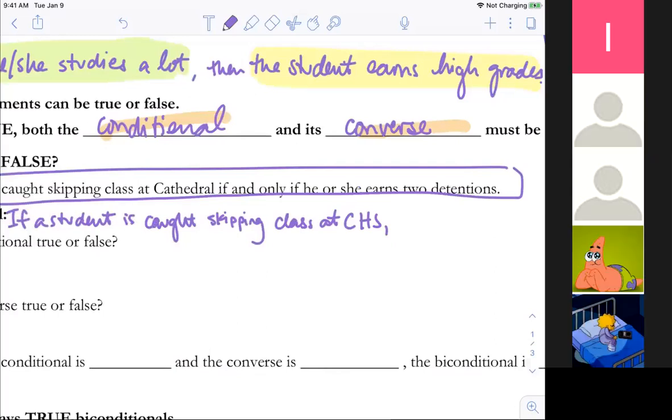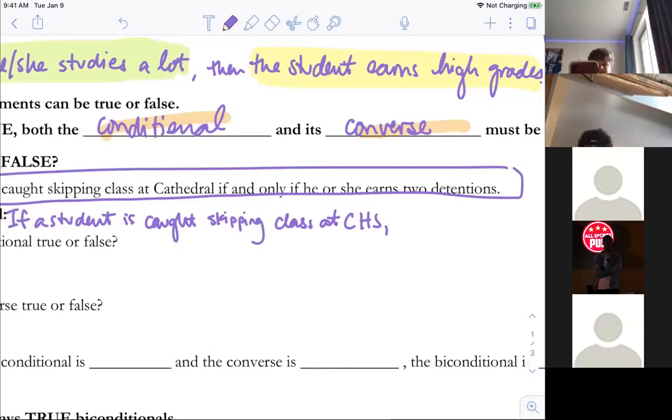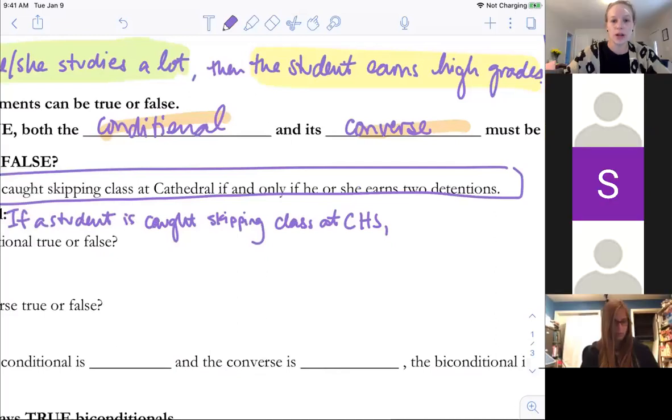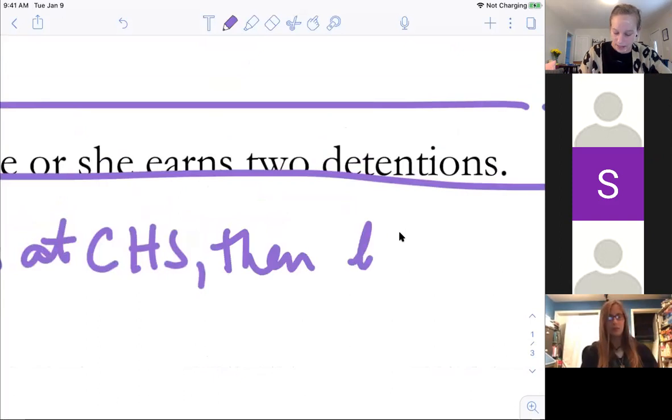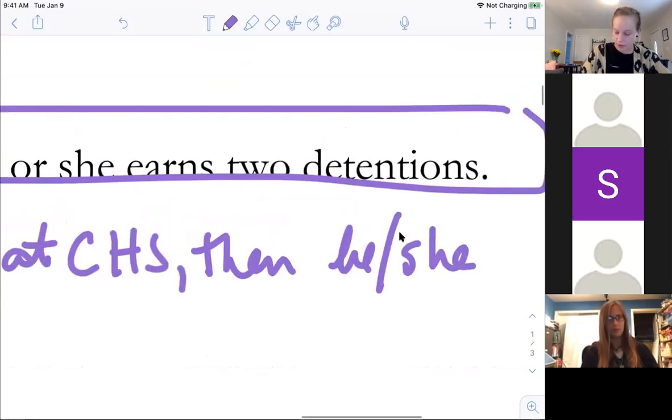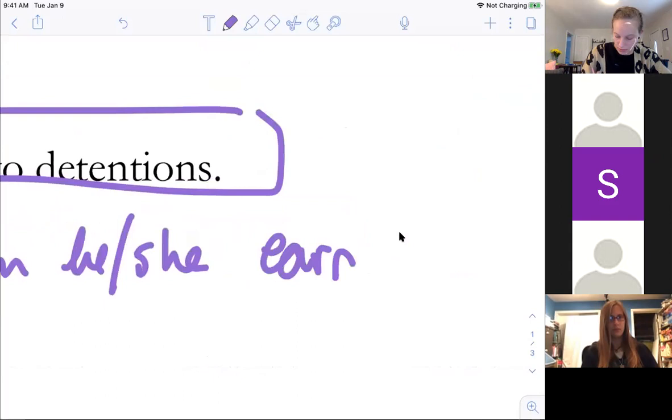You can't just make some random word an abbreviation. Like CHS, we all know that means Cathedral High School. You can't abbreviate skipping into SK and call it a day. So as long as I know what you're talking about, you're free to abbreviate it, but make sure it's self-explanatory enough. Then he or she earns 2 detentions.